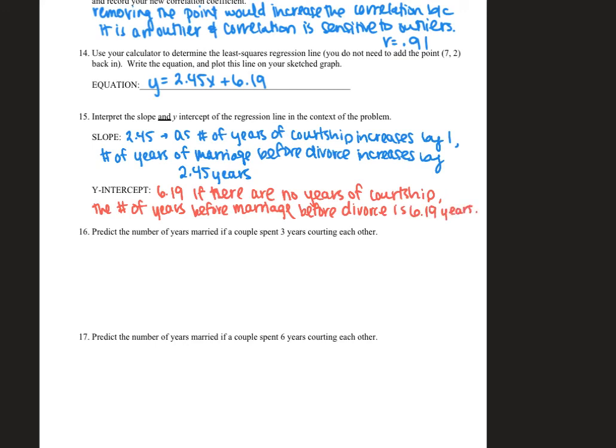Basically what that's saying is if you don't spend any time dating someone, you'll stay together before divorcing for about 6.19 years.